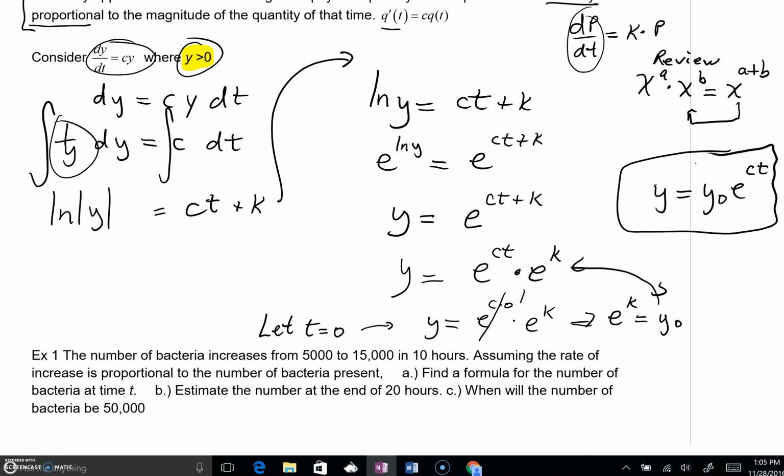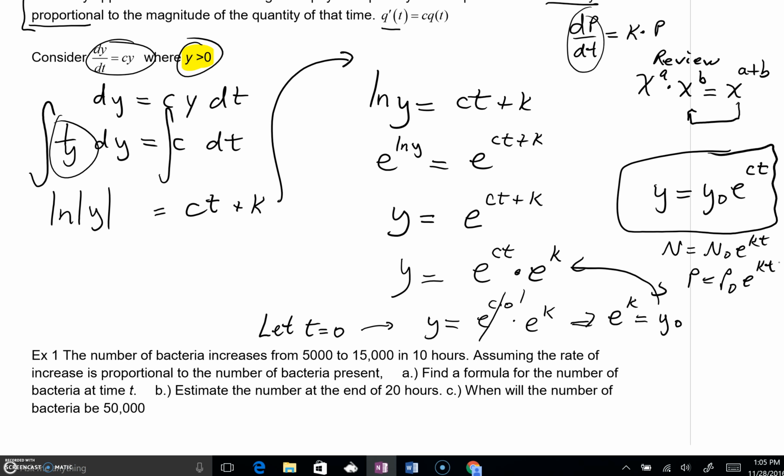Long ago, maybe you learned it with N equals N naught e to the kt. Maybe you learned P equals P sub 0 e to the kt or something like that. But regardless, you would have seen that in Algebra 2. And maybe you looked at that and thought, why in the world is this equation looking the way it does?